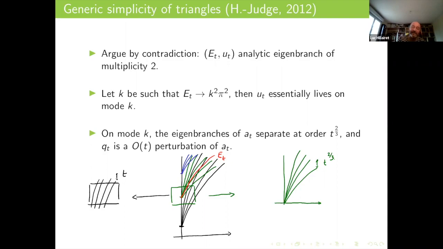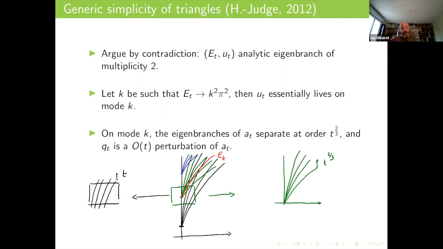If we could not say that the eigenfunction has small mass on the lower modes, then we would have a problem, because if you compare this red line to the black lines, which are the lower modes, the separation between two black lines is of order t, because for the Schrödinger operator that corresponds to the black lines, E_0 is a non-critical value of the potential, and there the eigenvalues are separated at order t.